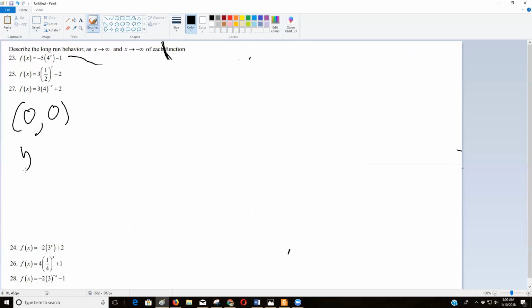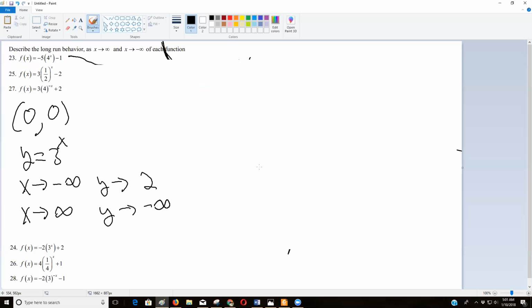I know it's a translation of y equals 3 to the x. I know as x approaches negative infinity, y would approach 2. As x approaches positive infinity, y would approach negative infinity. Let's try to figure this out.